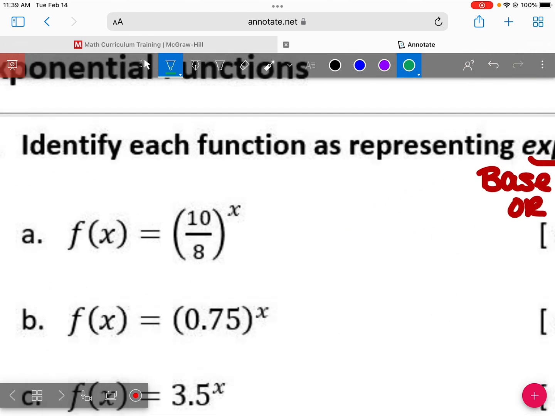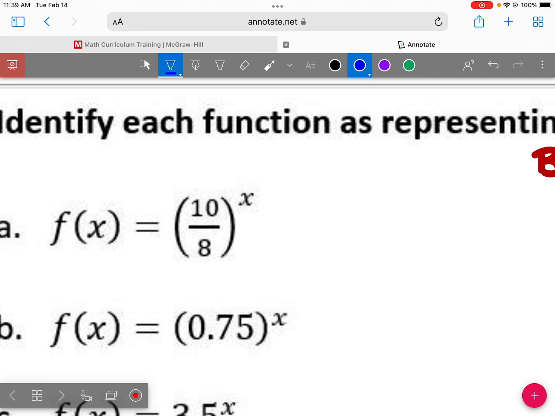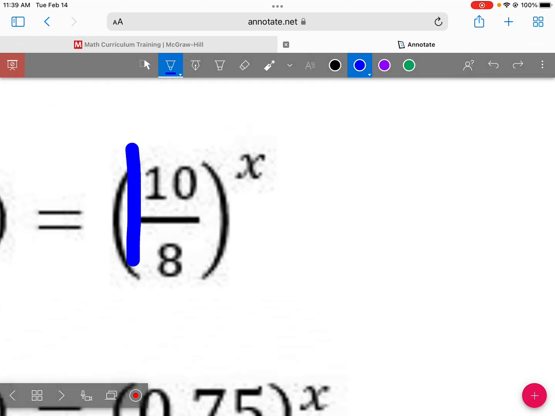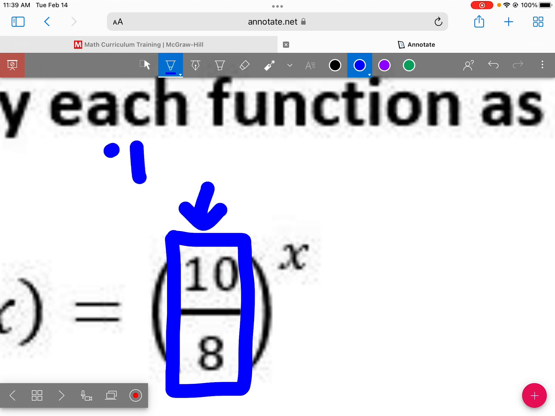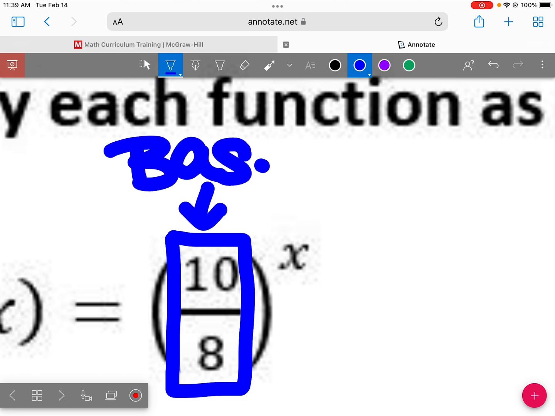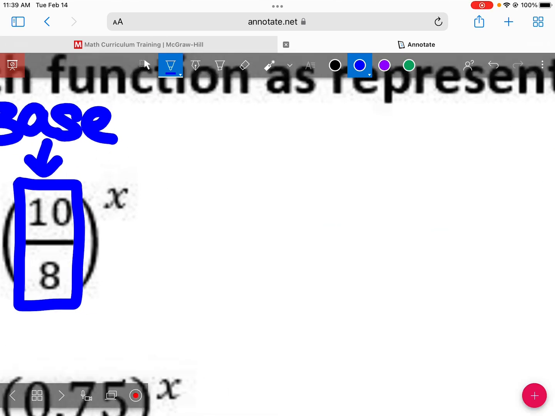How do I know when I'm looking at a problem where the base is? The base has to have an exponent on it. So on number 1, part A, what is our base? 10 over 8. This is the base right here. Pop that in your calculator. Let's do 10 divided by 8 in your calculator.